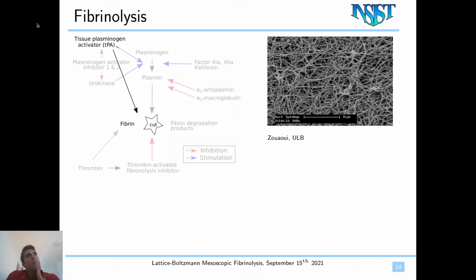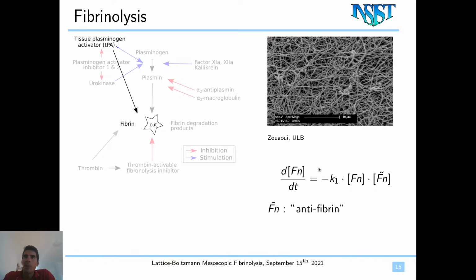So in our model, we just keep two entities: basically a surrogate for the plasmin, tPA and plasminogen, which we call the antifibrin, and the second entity is just the fibrin. So we consider clots that are made uniquely of fibrin.